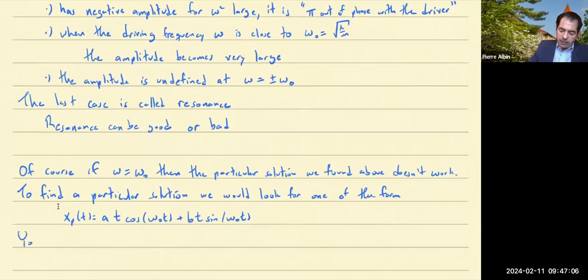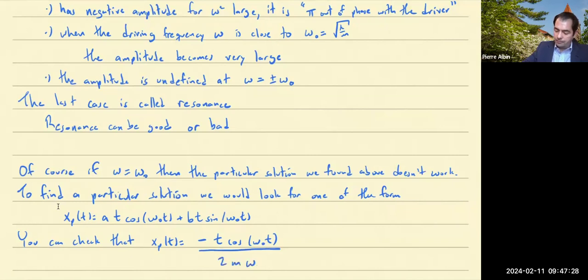And you can check that x_p(t) equals minus t cosine omega naught t divided by 2m omega naught works. Okay, we'll stop there and next time talk about what happens when you introduce damping.